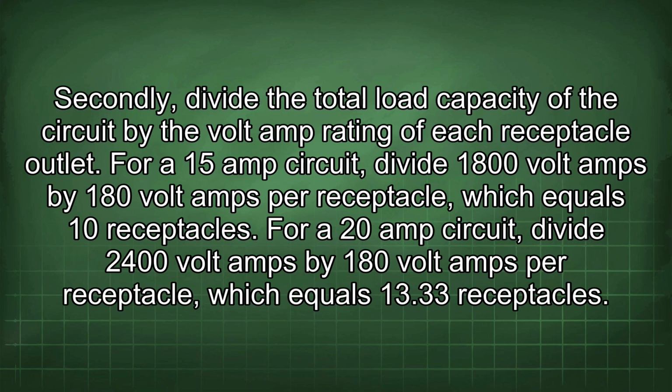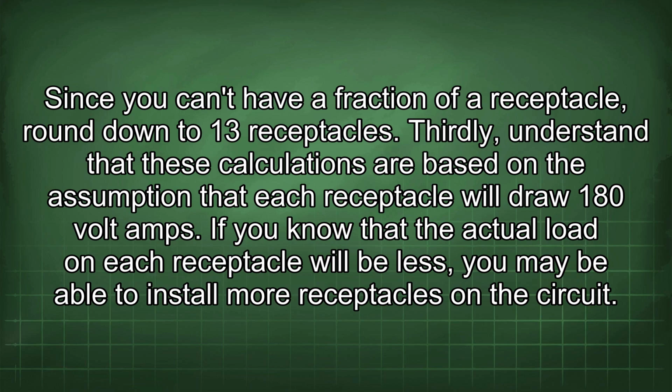Secondly, divide the total load capacity of the circuit by the volt amp rating of each receptacle outlet. For a 15 amp circuit, divide 1800 volt amps by 180 volt amps per receptacle, which equals 10 receptacles. For a 20 amp circuit, divide 2400 volt amps by 180 volt amps per receptacle, which equals 13.33 receptacles. Since you can't have a fraction of a receptacle, round down to 13 receptacles.